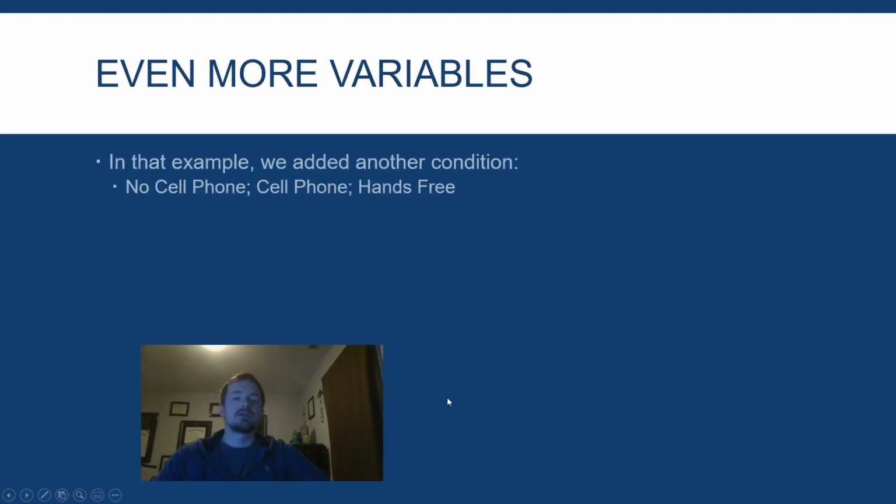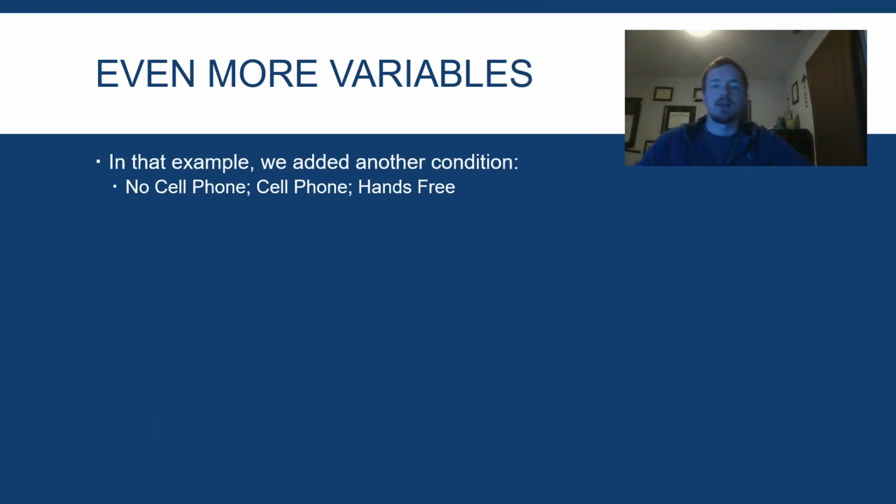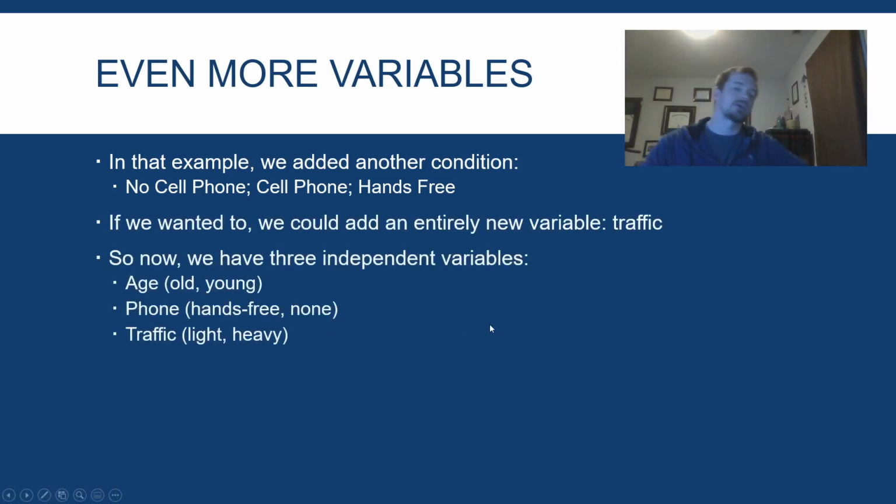All right, so that was a lot of information to unpack. So let me get back over here to my happy place in the top right-hand corner. In that case, we added another condition: no cell phone versus hands-free. And if we wanted to, we could go wild. We could even add in traffic conditions, where in this driving simulator we have people having light traffic conditions and people doing rush hour traffic conditions.